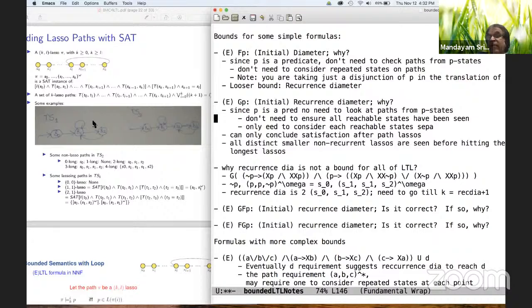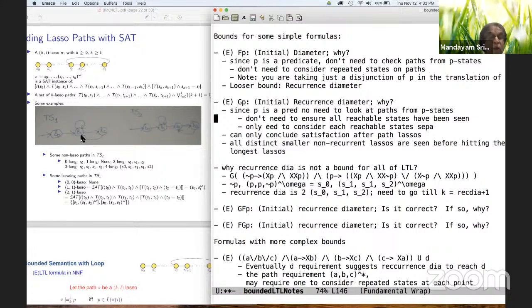Unlike a CTL property, where you check the subformulas on the states, here you have to check it on the path starting from a sub-index. In the case where the embedded predicate is a simple predicate, like in GP and FP, you didn't have to look at a whole path. You were able to check P in that state itself.